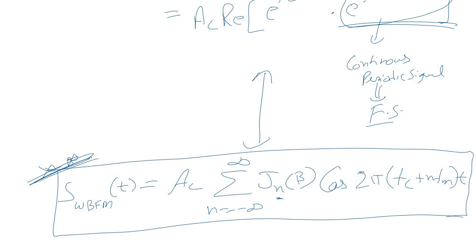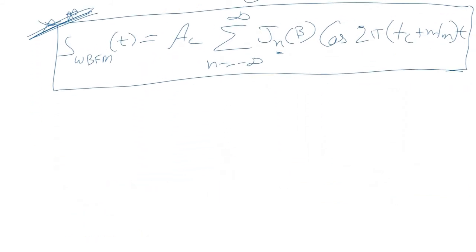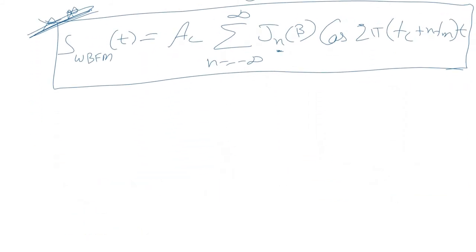Now let us analyze this general expression of the wideband FM signal. Clearly there is a summation over n ranging from minus infinity to infinity, so it consists of an infinite number of terms.